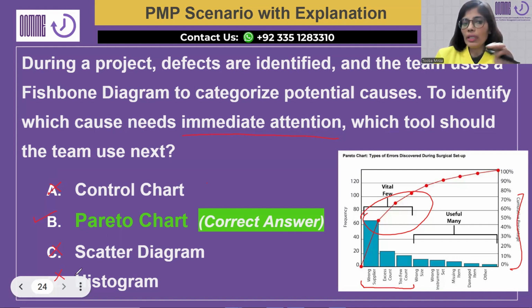And with that, whether the process is within quality control or not is being determined, which definitely is not the ask in the question. A scatter diagram talks about any two variables with which the quality control and quality determination is performed, which again is not mentioned in this scenario.